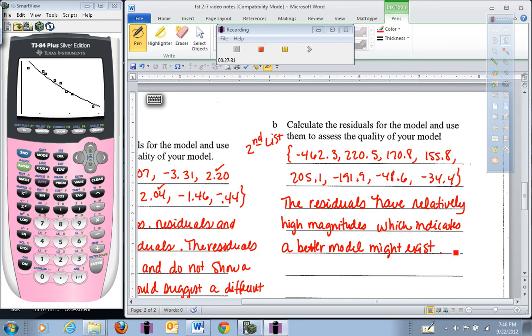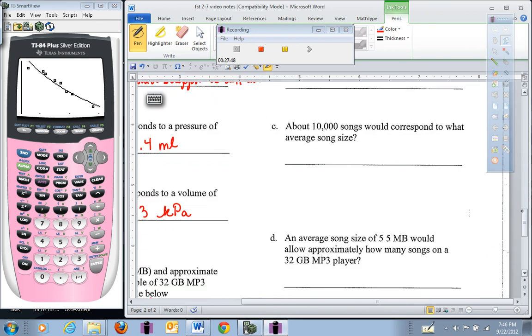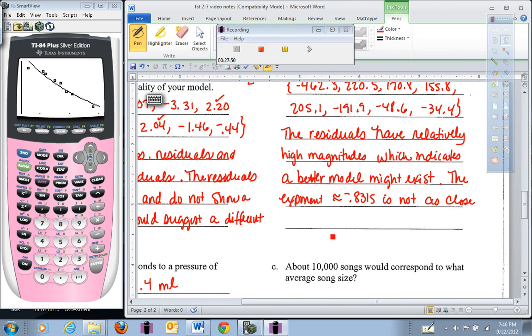You might say something like the exponent, which was approximately negative 0.8315, is not as close to negative 1.